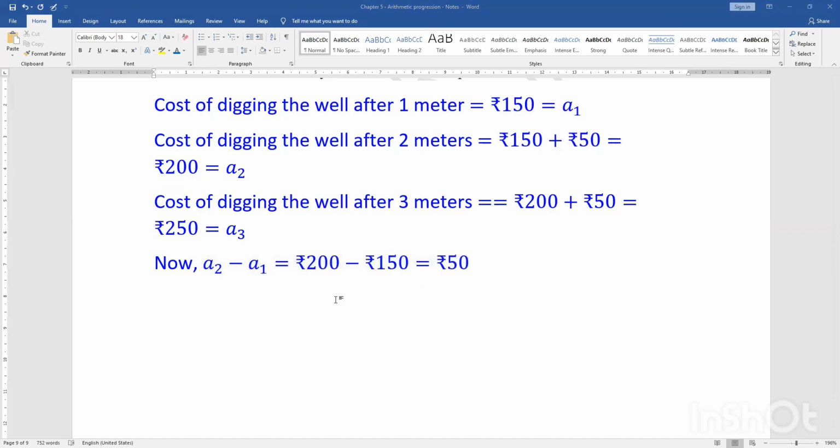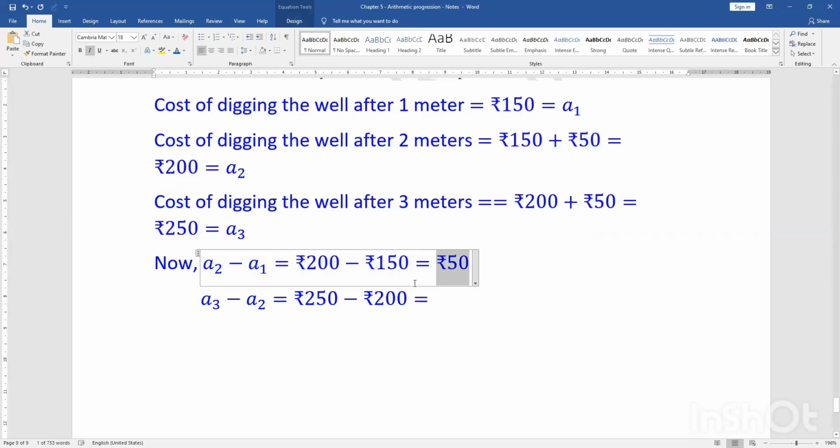It is nothing but 250 minus 200, which is equal to, again the same value, rupees 50. Right, children?